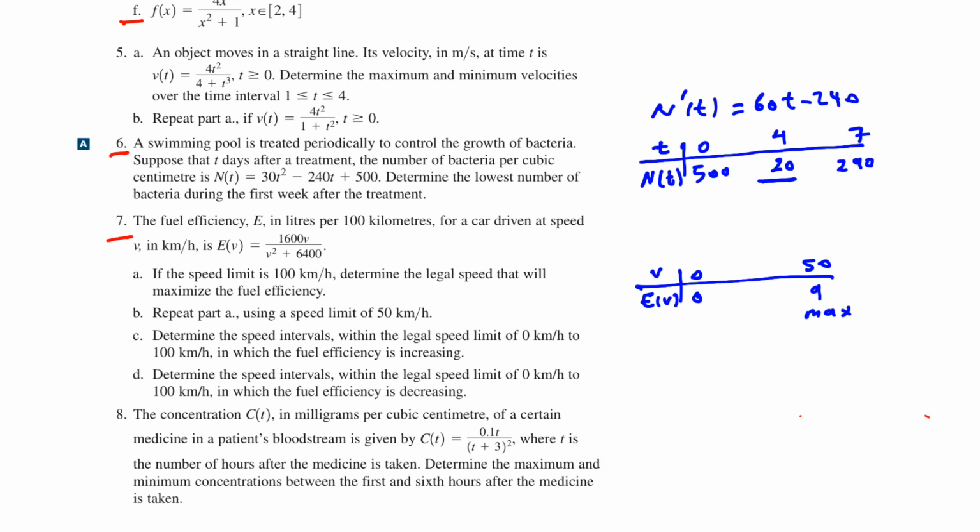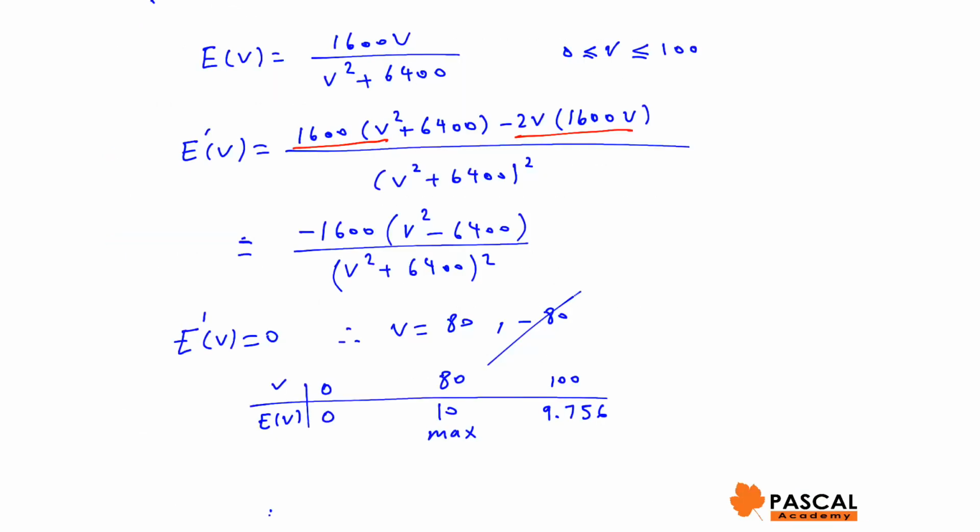Part C, determine the speed interval within the legal speed limit of 0 to 100 kilometers per hour in which the fuel efficiency is increasing. Fuel efficiency is increasing when its derivative is positive.